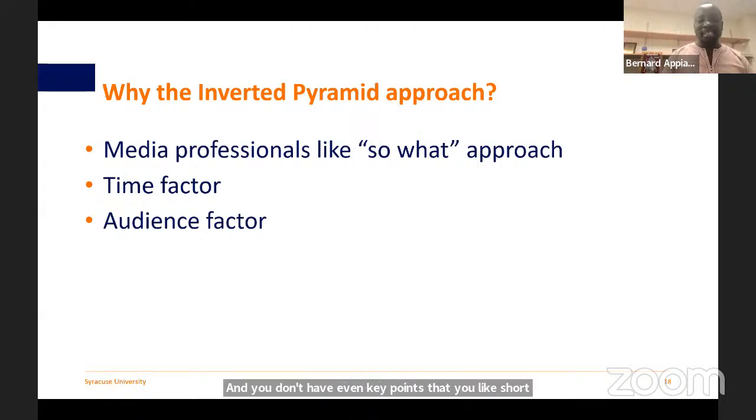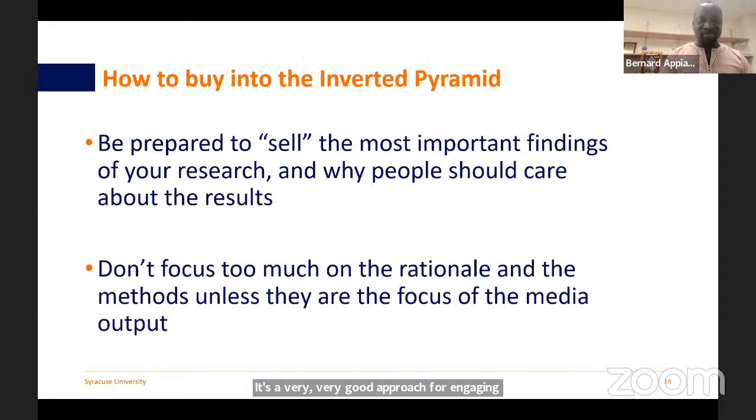Sometimes it just puts people off. So you want to make sure you can engage your audience well. Because of this, of course, the inverted pyramid is a very good approach for engaging with the audience.